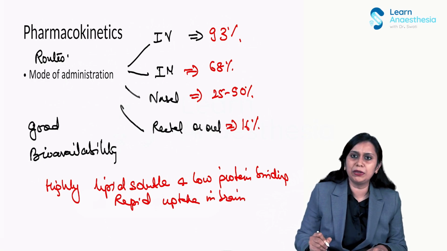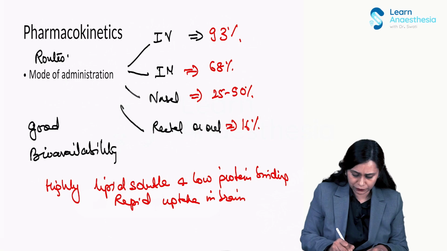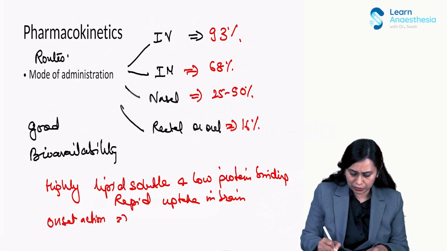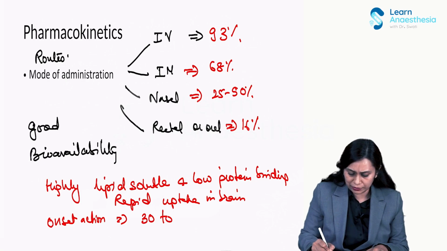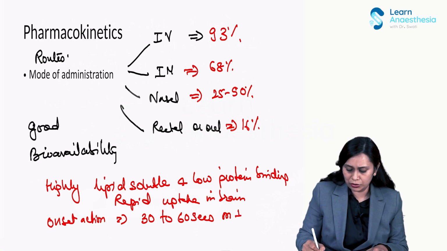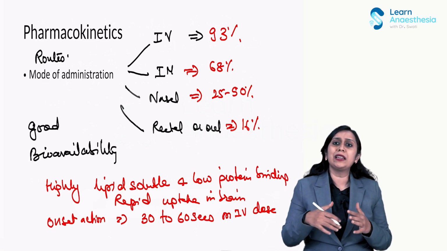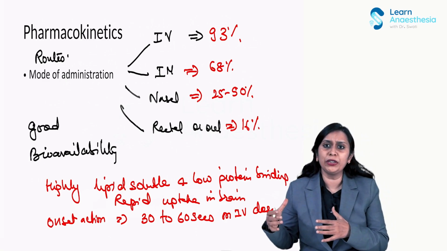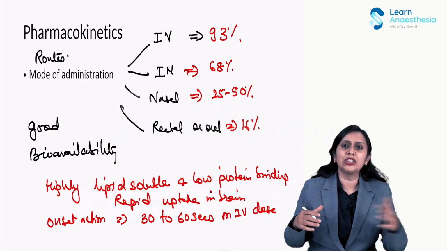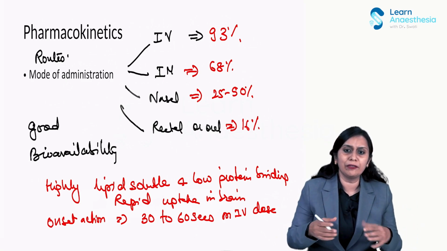Since it has a rapid uptake in the brain, onset of action is 30 to 60 seconds on IV dose. It has a rapid action. Since it is highly lipid soluble and not so much protein bound, very fast it will pass to the CNS and we will have a very fast effect.